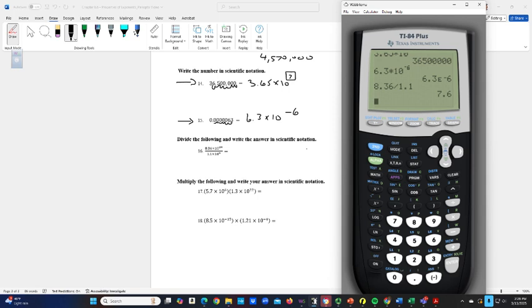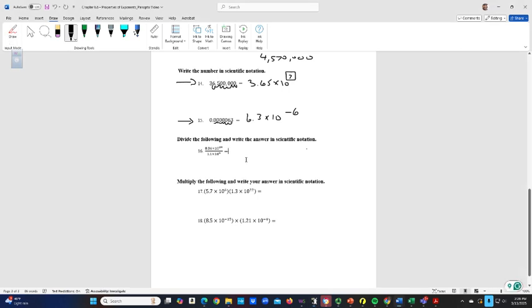And we get 7.6. Now we just work our quotient rule, times 10 to the 29th minus 9, which gives us 7.6 times 10 to the 20th.